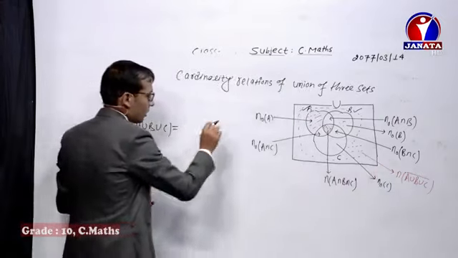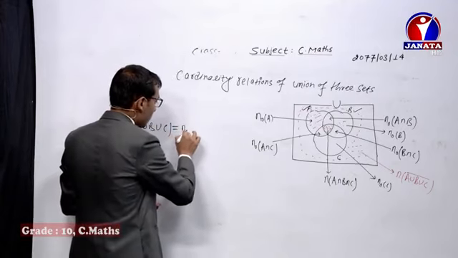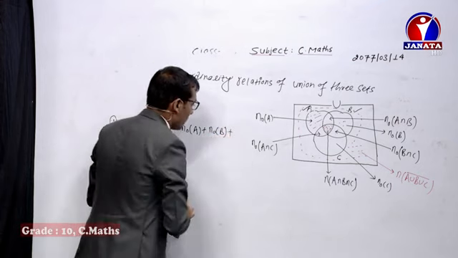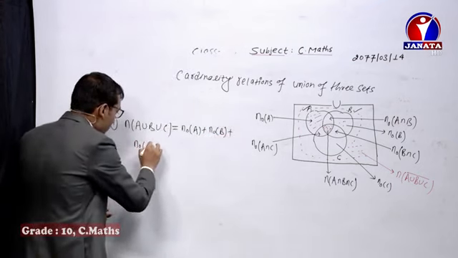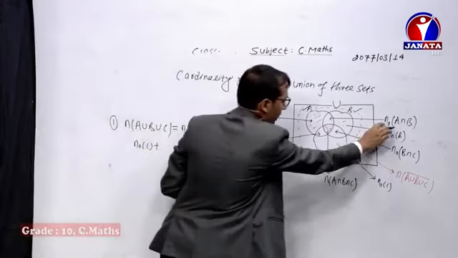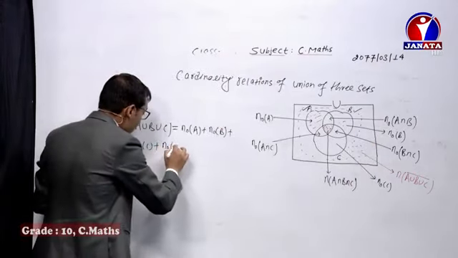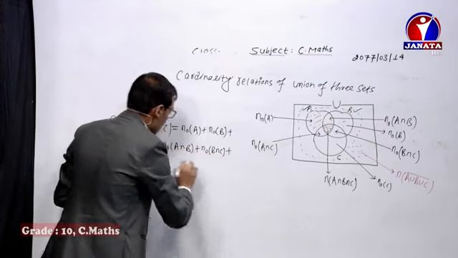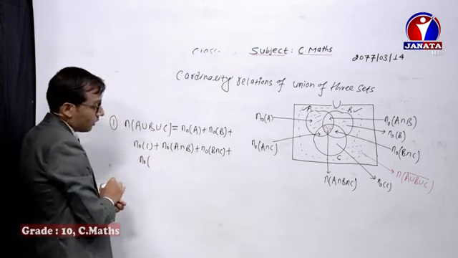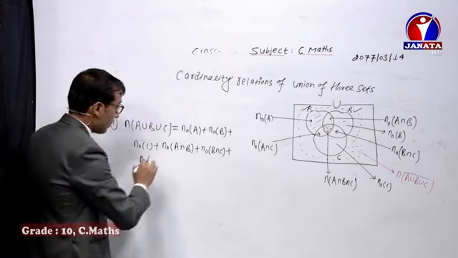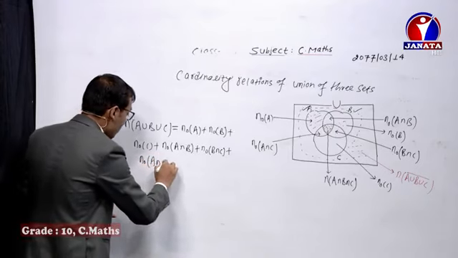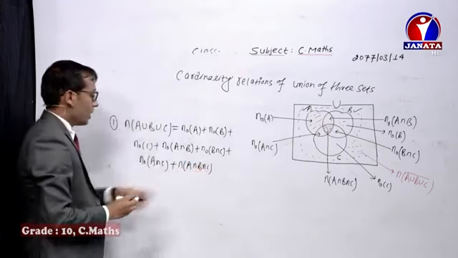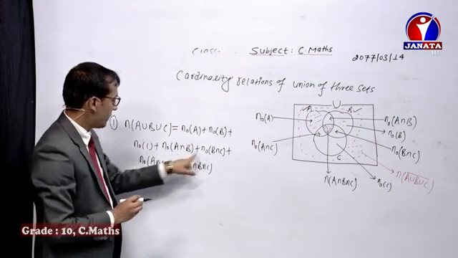So there are a total of 7 different regions: n only A plus n only B plus n only C plus n only A intersection B plus n only B intersection C plus n only A intersection C plus n of A intersection B intersection C. So 1, 2, 3, 4, 5, 6, 7.